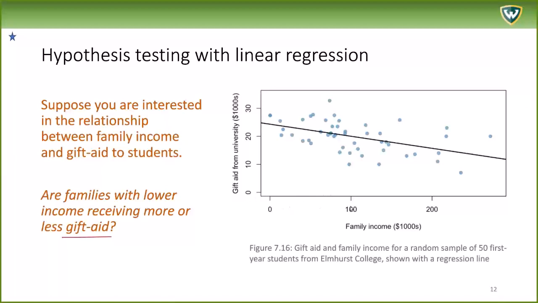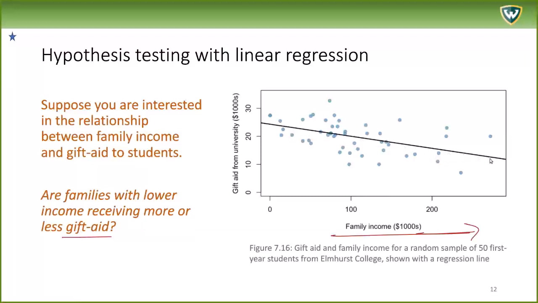And let's suppose we did get the data, and we plotted it on a scatter plot. We have family income here, so it goes up to the right, and then we see gift aid from the university to those students of those families. And clearly, what kind of relationship is this?